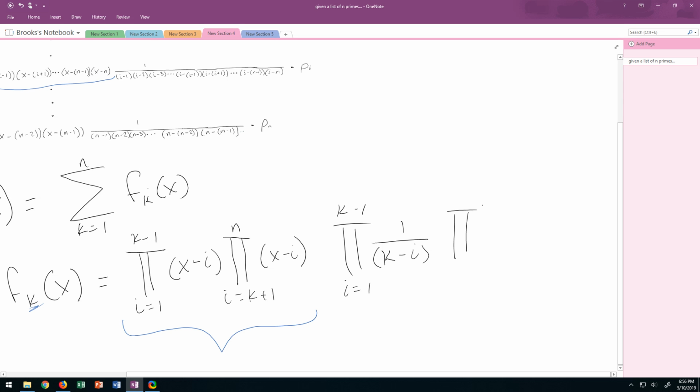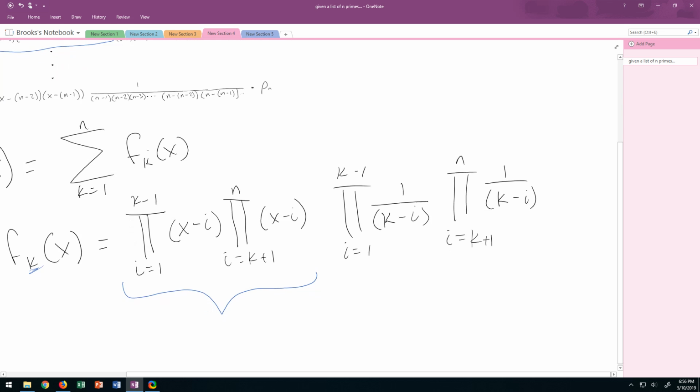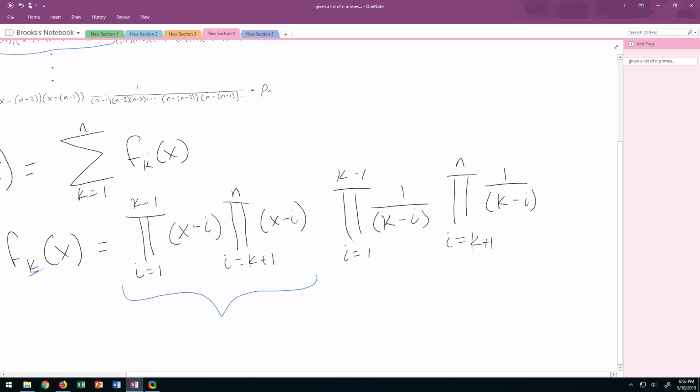And then I'll have another one because I'm skipping the kth factor on the denominator, just like in the blue chunk, from i equals k plus 1 to n of the same thing, k minus i on the denominator. Okay, that gives me my green chunk.